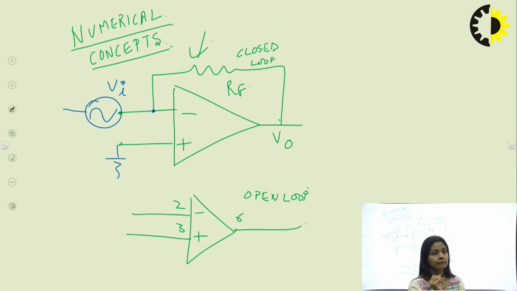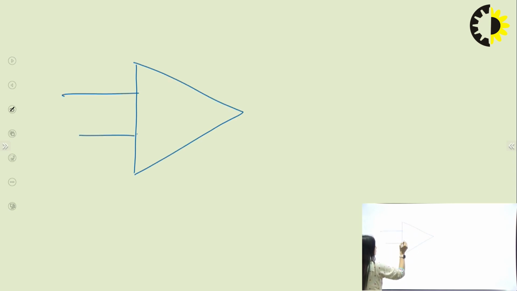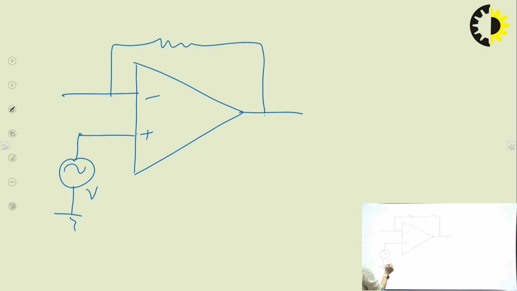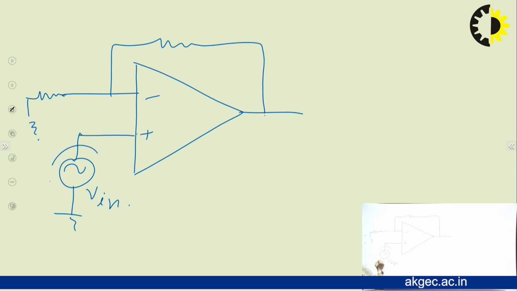Okay, right? This is very important. If I am giving input to this terminal, the OPAMP is working in non-inverting configuration.